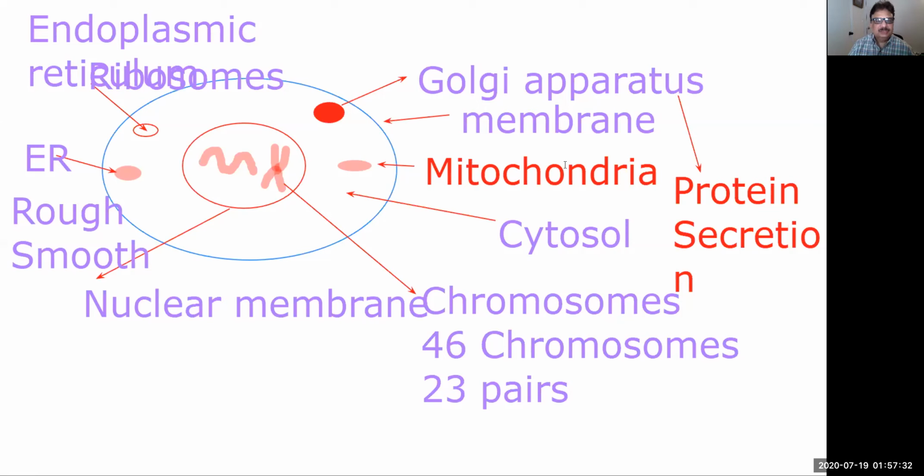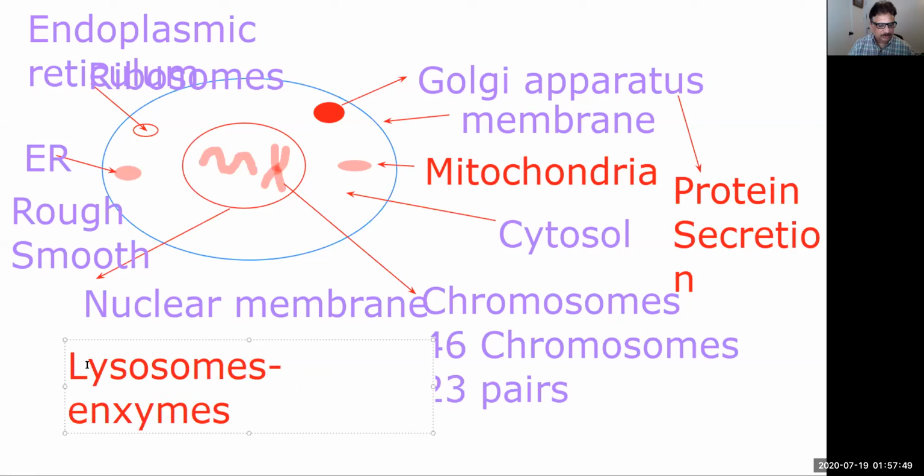These single cells have additional organelles called lysosomes. They contain enzymes that help in digestion. Lysosomes are small sac-like organelles that contain digestive enzymes that help to digest.